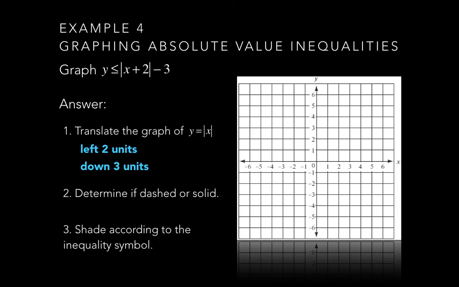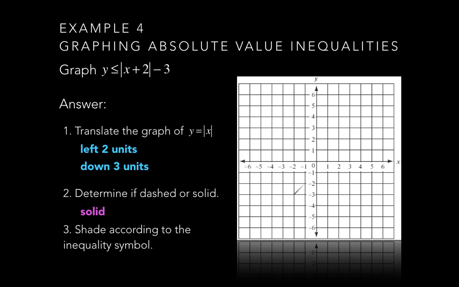Okay, but before we graph this absolute value that looks like a V, we need to know, is it going to be dashed or is it going to be a solid line? Because it's really irritating to go and draw a solid line and then realize it should have been dashed. So looking at your symbol, because it is a less than or equal to, this is going to be a solid line.